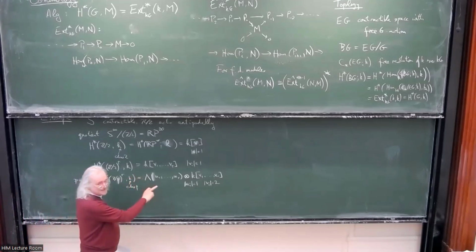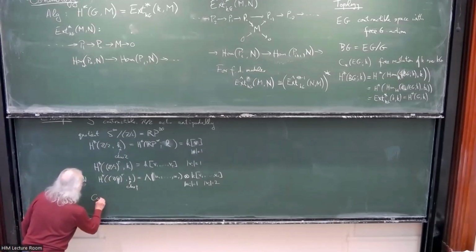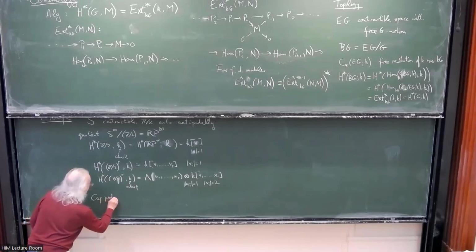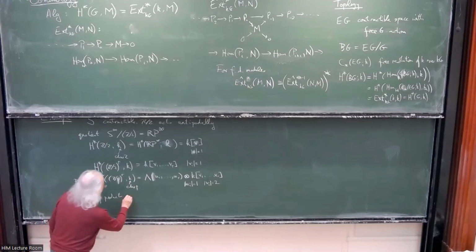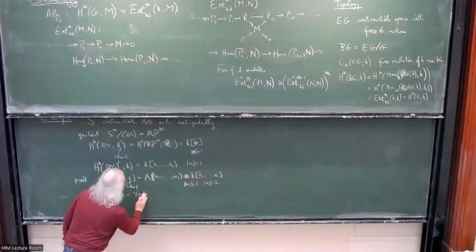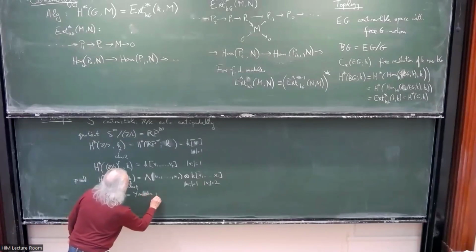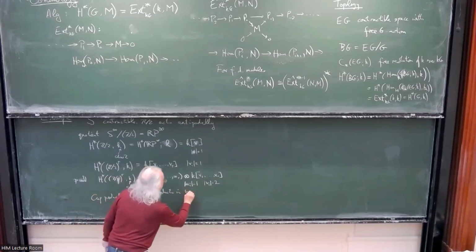Since I'm talking about this as a ring, I should explain how you multiply cohomology elements. So cup products is the same as Yoneda products in Ext.